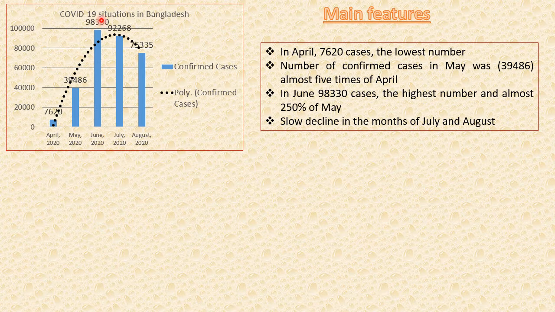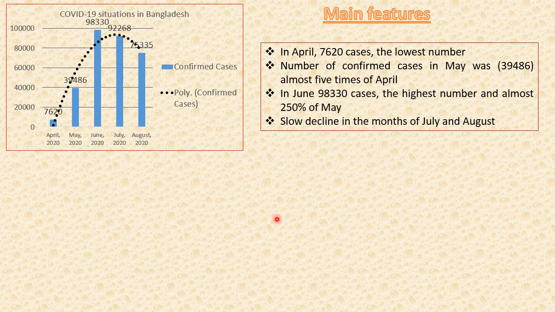In June we find the highest number, and the number is 98,330, and this is almost 250% of May 2020. In July we find 92,268, a slight decline, and in August we find 75,335, again a slight decrease or decline.